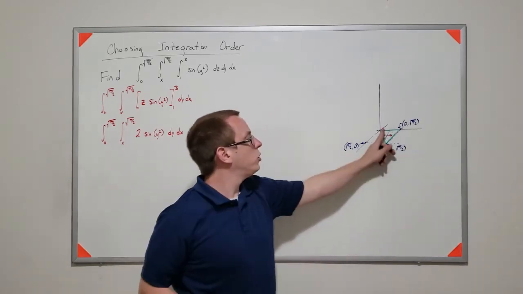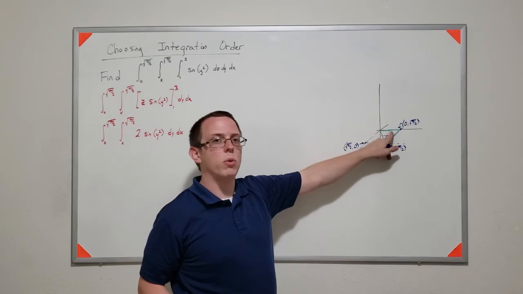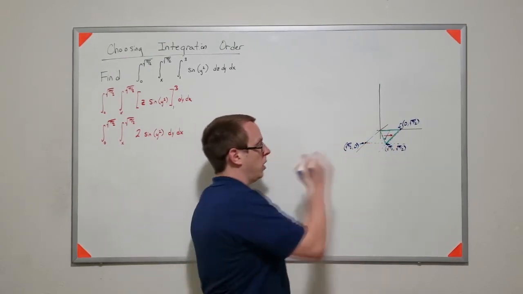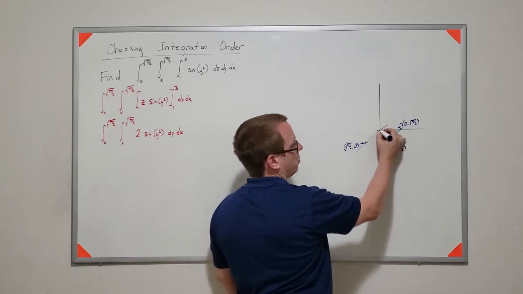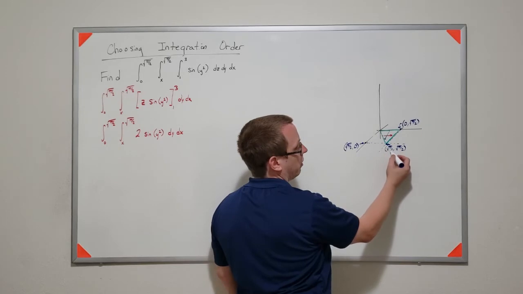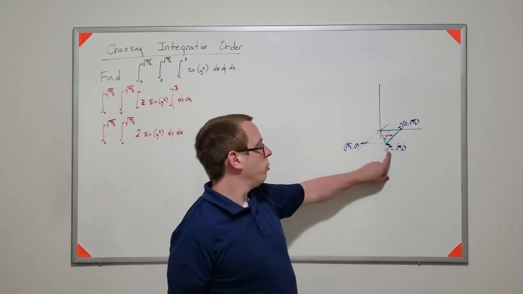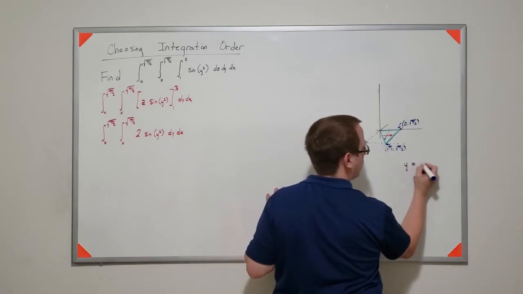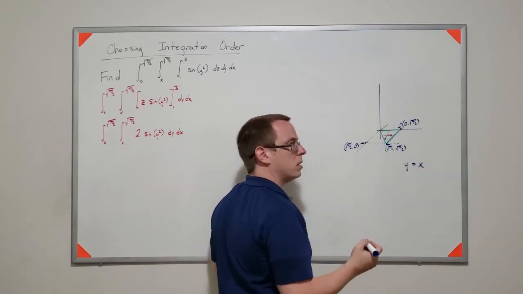So notice if I start with y, x still always starts at 0 and makes it all the way to that line. And what is that line? Well, it goes from 0 all the way to square root of pi over 2. So it looks like it's the line y equals x.